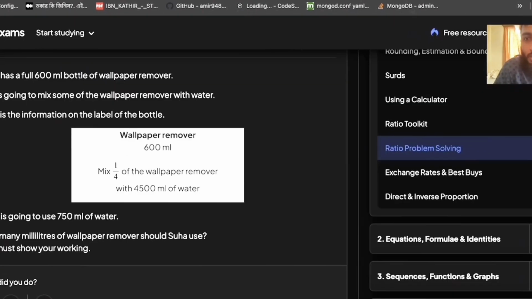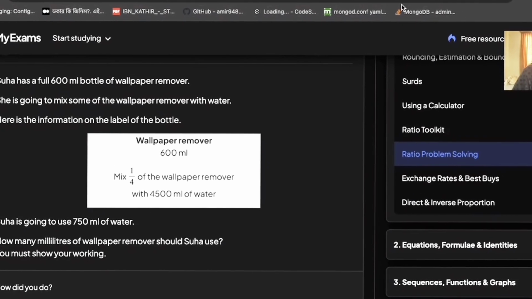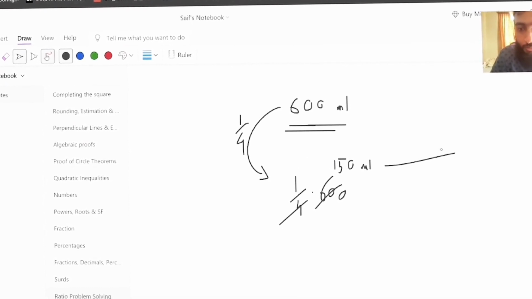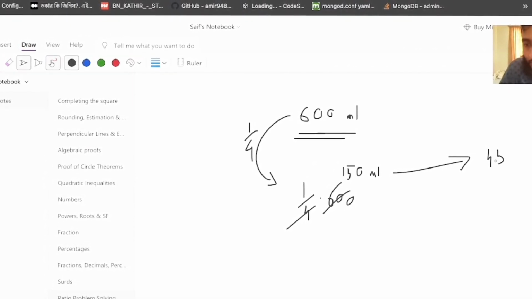Now 150 milliliters of wallpaper remover is mixed with 4,500 milliliters of water.